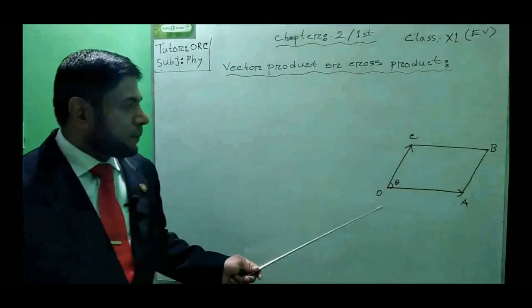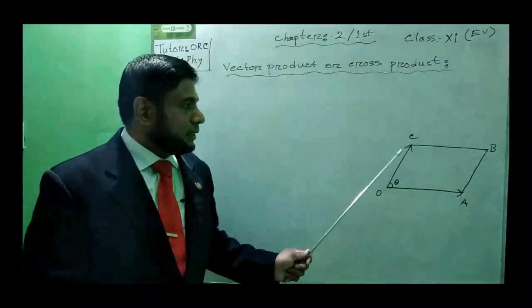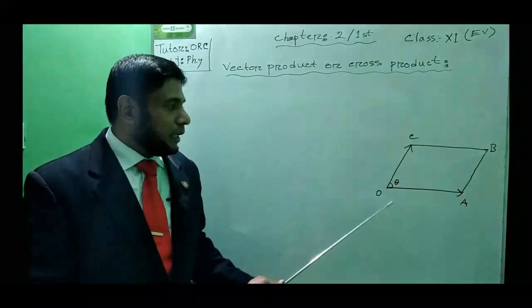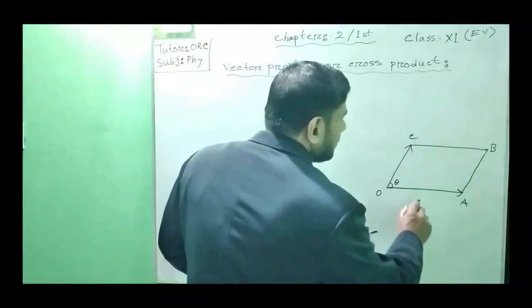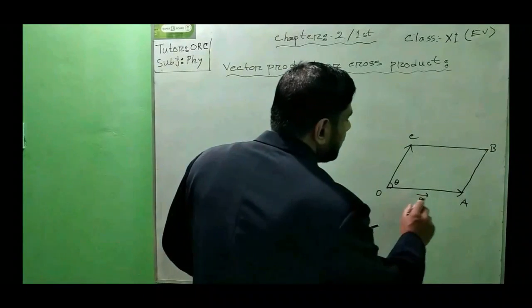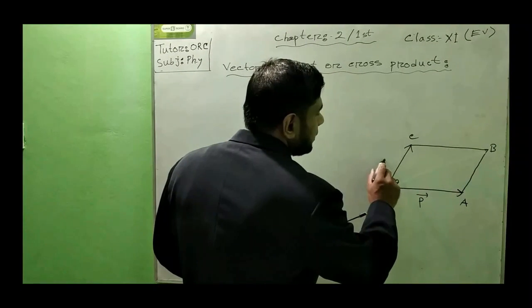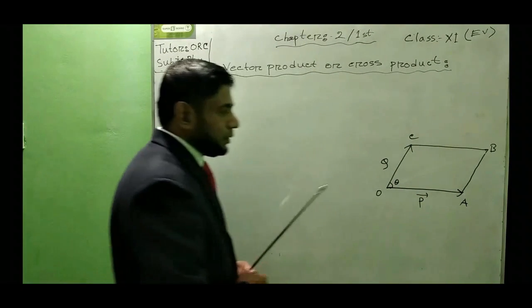Suppose here OABC is a parallelogram, and along the side OA there is acting vector P, and along OC there is acting vector Q. Those are two vectors.